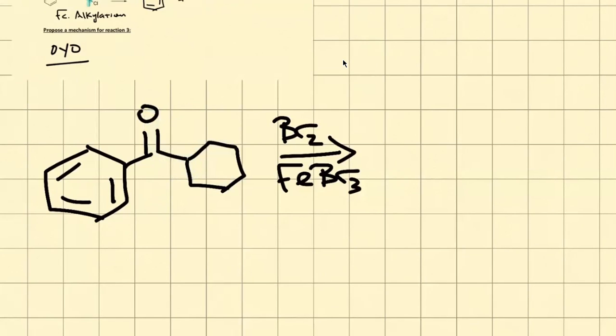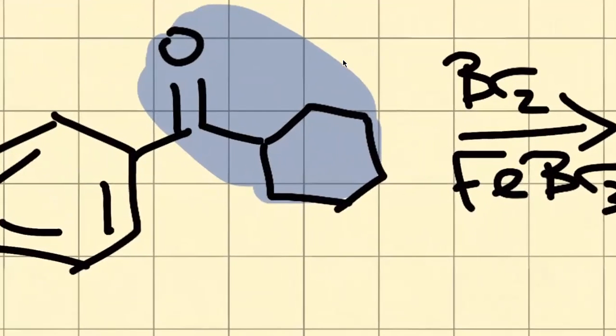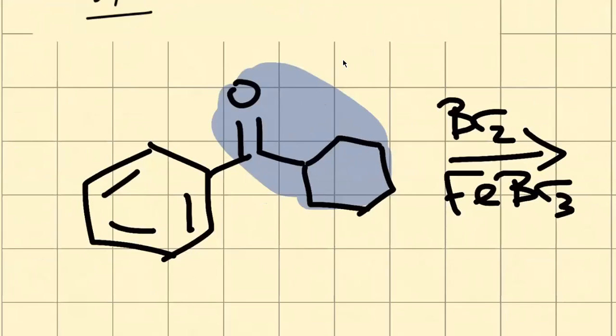Donor. What will make it a donor? Right. Remember, a donor, we're talking about electron donor, either through induction or through resonance. Does this group have electrons that can donate into the ring?